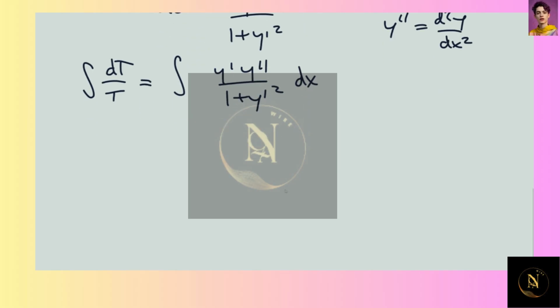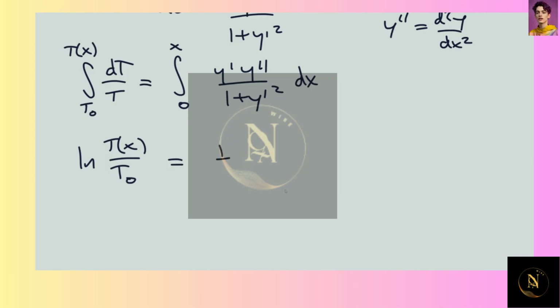So let's say that at x equals 0, we have tension T0. Then we want to find out what is the tension T of x. We're going to have the log of T of x over T naught. Now over here, this is a half of the derivative of log 1 plus y dash squared.